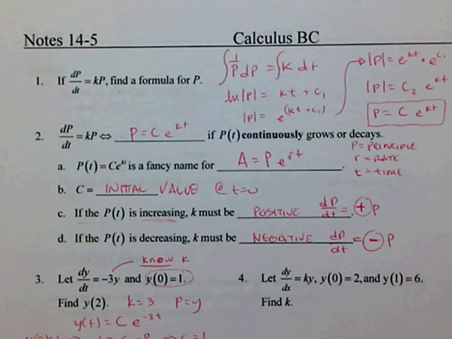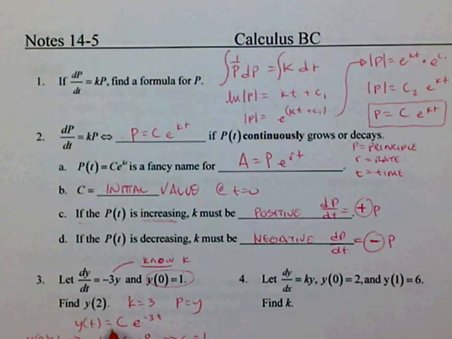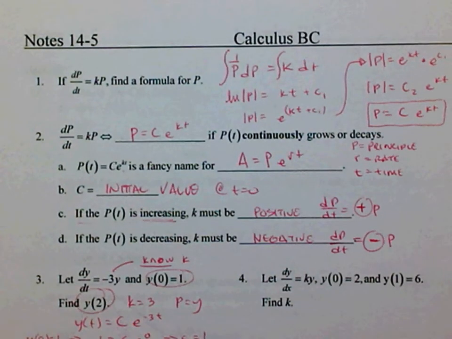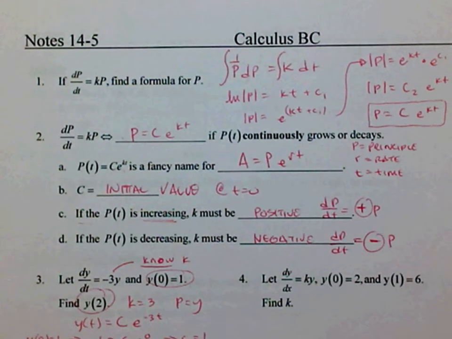Now we know what c is, so our equation will be just y of t equals e to the negative 3t. It's asking us to solve for y of 2, which is going to be e to the negative 6 power.